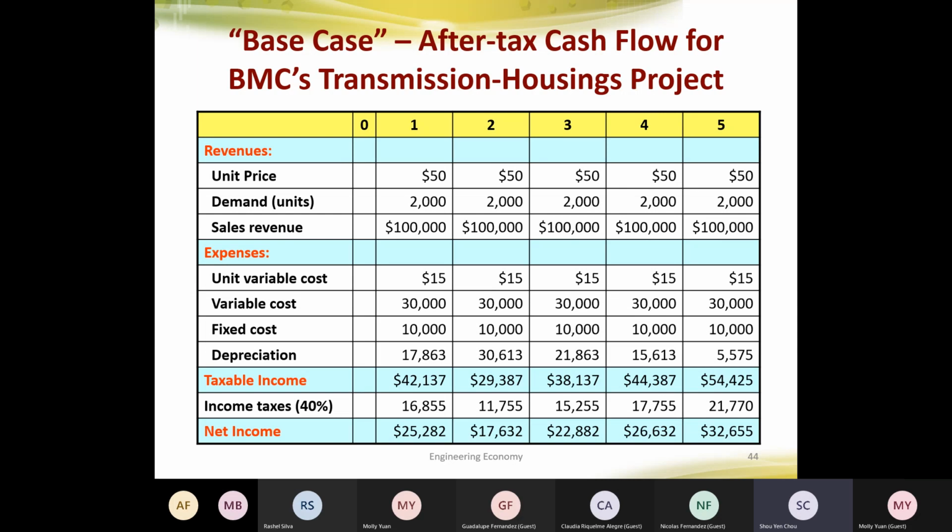Then we can compute income tax at 40% based on taxable income. Subtracting income tax from taxable income, we get net income for each of the 5 years. Okay, net incomes. Again, this is the income statement. Next page.